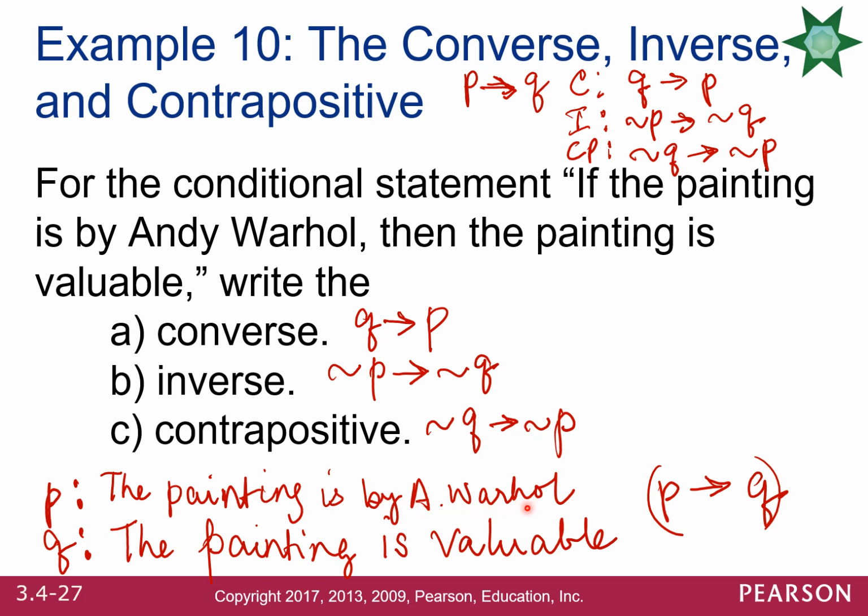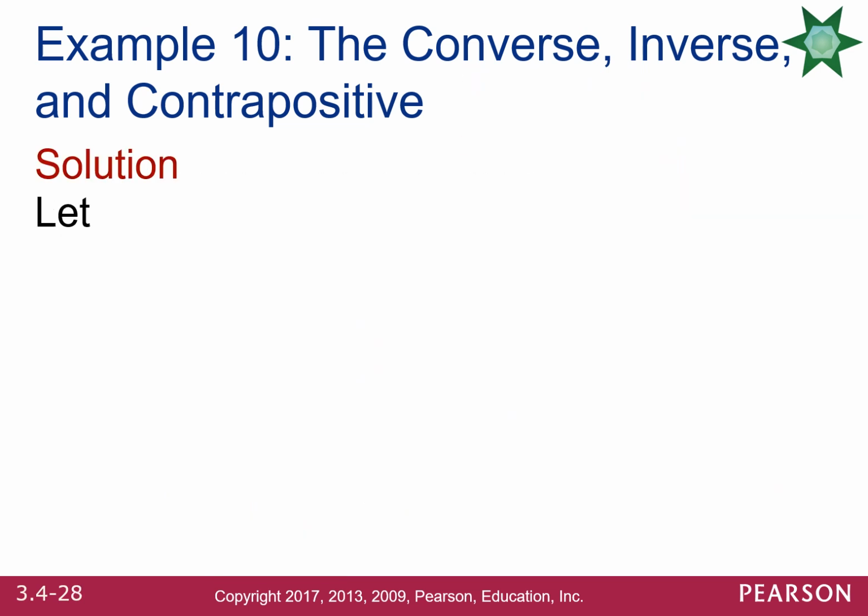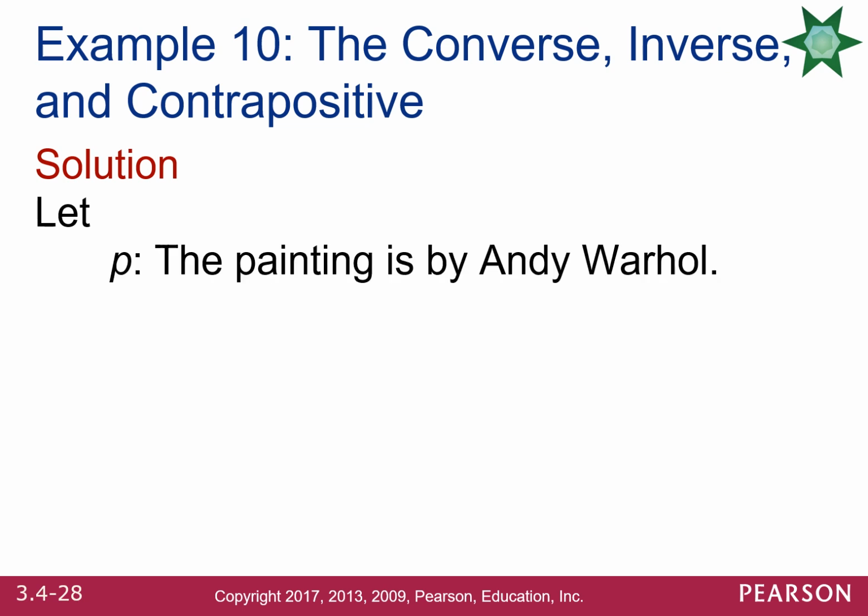All right, so again, in the next few slides, let's see how they have worked the solution. So here we go with the solution. The first step was to rewrite the compound statement in terms of two simple statements. So P would represent the painting is by Andy Warhol. That's exactly what we had also.